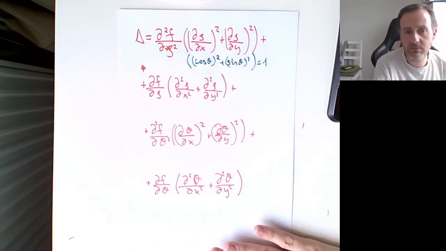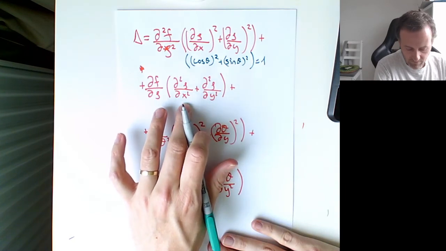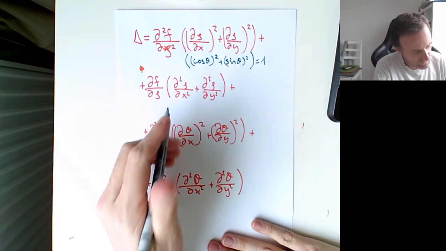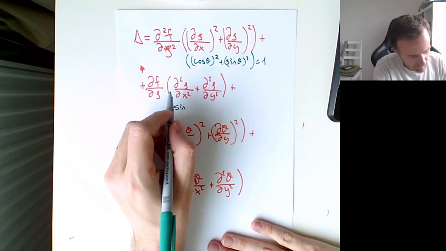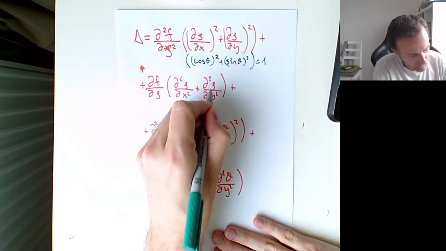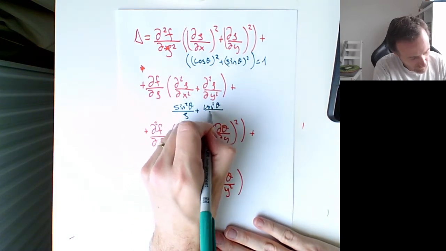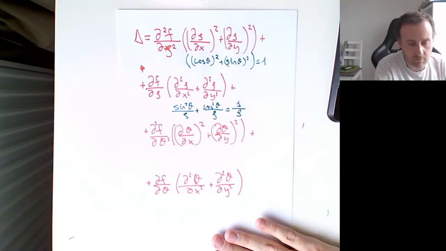So here we get a 1. Now, what about this one? Here we got, with respect to x, sine squared of theta divided by rho, and here we got cosine squared of theta divided by rho. So all this is 1 over rho.